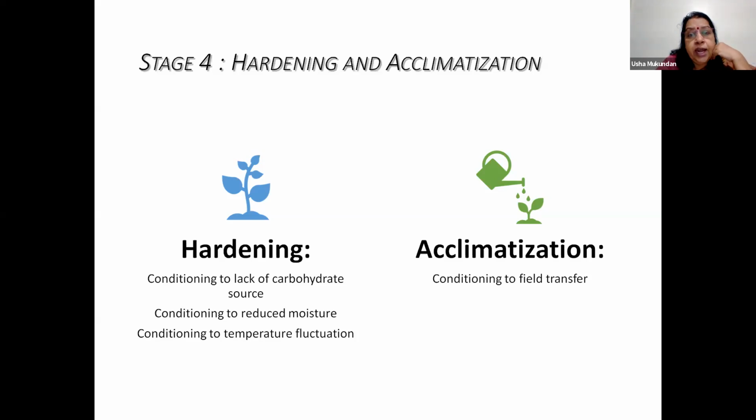So the type of nutrition is heterotrophic. And when you are hardening or acclimatizing, you want it to synthesize its own food material. That means it should start photosynthesis. So you are weaning it from the heterotrophic mode of nutrition to the autotrophic mode of nutrition.